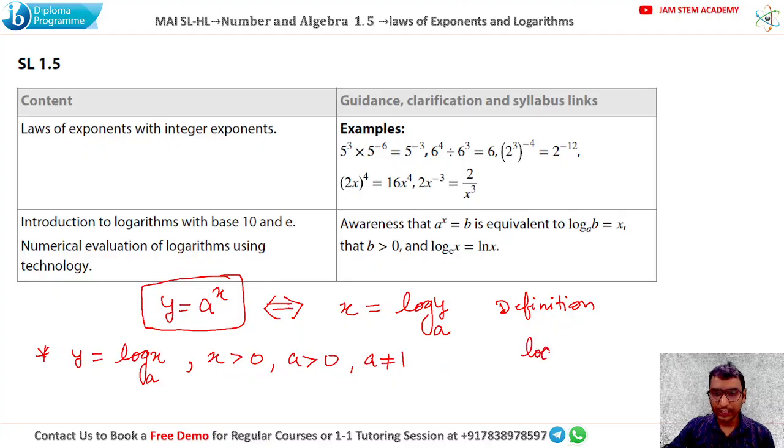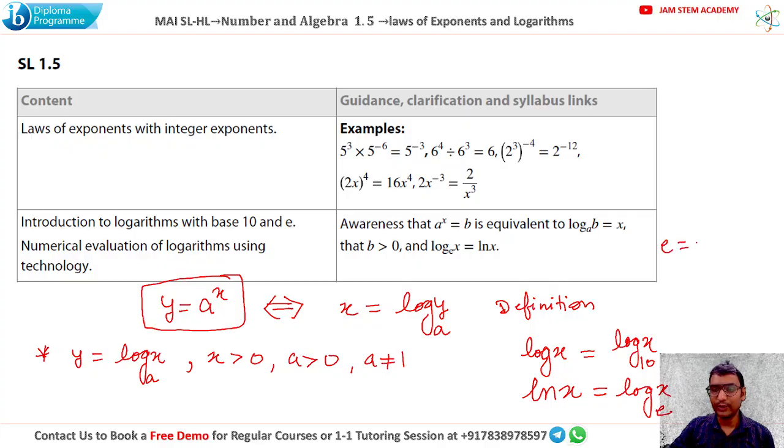Now remember two more things. If they give you log x only, where the base is not given, we always consider that base as 10. Even in your GDC it automatically takes base 10 if the base is not given. If ln x is written, it means natural log of x, so the base is e. What is e? e is an irrational number and its value is around 2.71828, and so on.